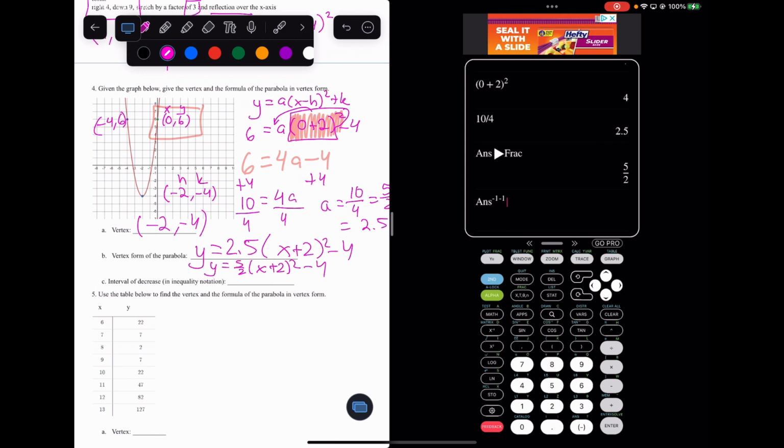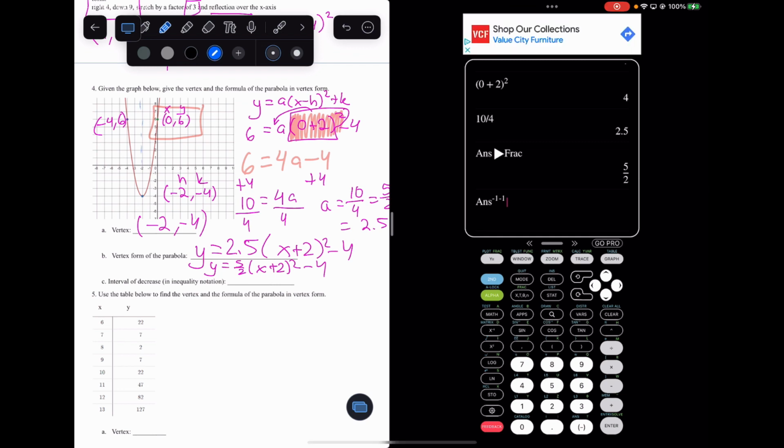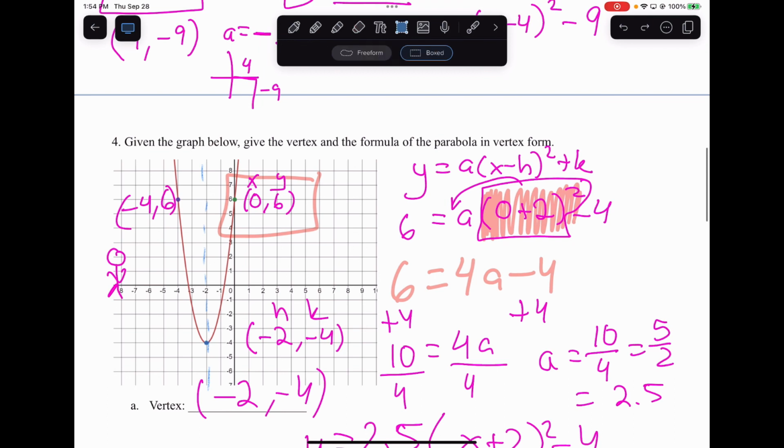Now, they are asking for the interval of decrease. So again, we want to draw in our axis of symmetry, and we want to know where the guy's going down, right? So if we draw our little guy, we can see that when he's walking, he's going down right in the beginning.